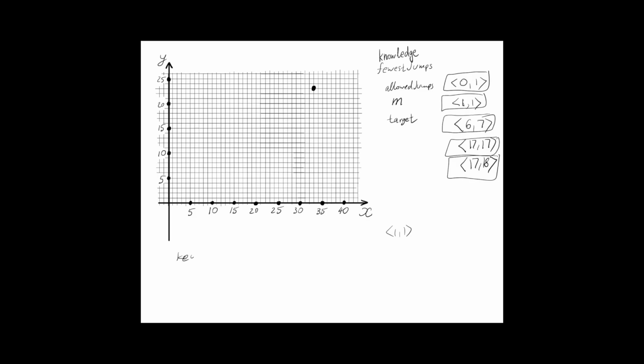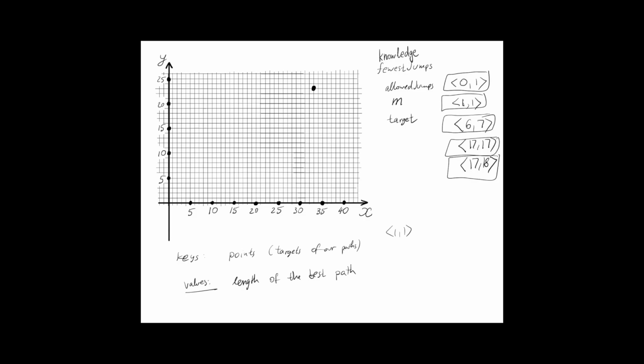The keys of the map will be points, and they are targets of our paths. The values will be the length of the best path, and by best we mean a path with fewest jumps.